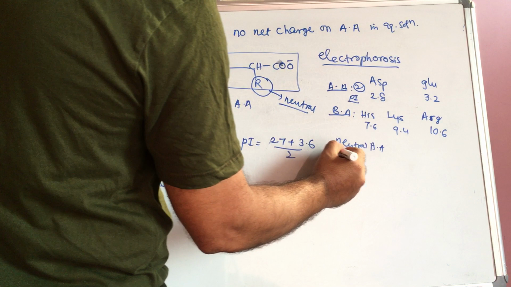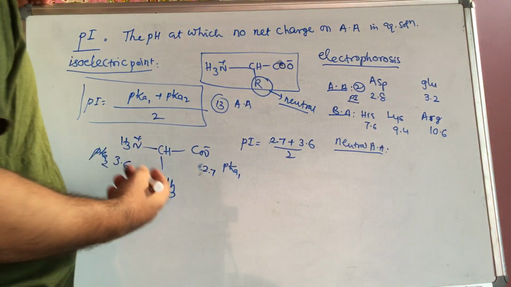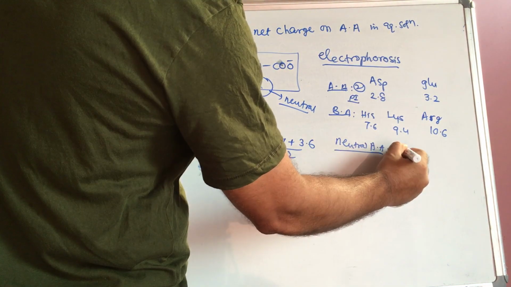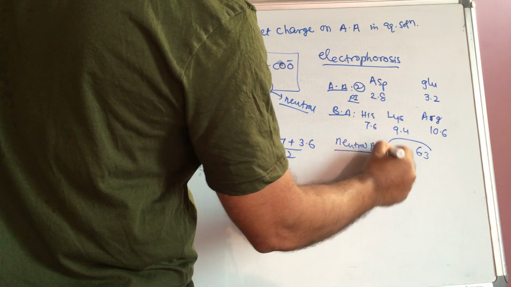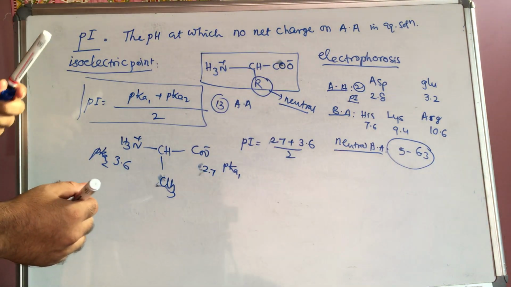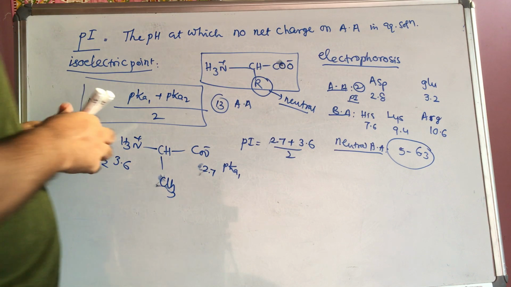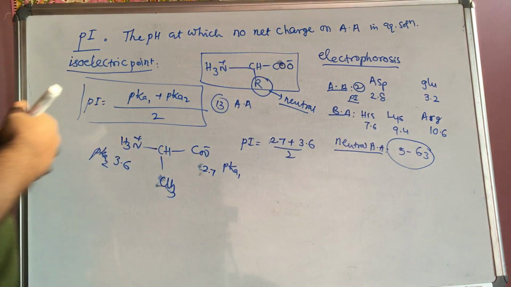Neutral amino acids are numerous, that's why I will give the range, nearly 5 to 6.3, as the isoelectric point range of neutral amino acids.